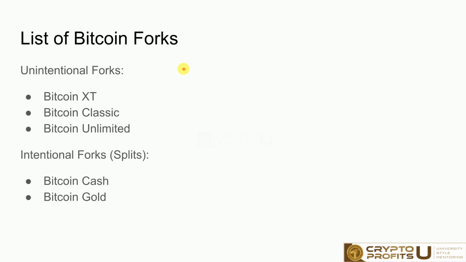So here's a couple of examples of Bitcoin forks in particular. There's the Bitcoin XT, the Bitcoin Classic, the Bitcoin Unlimited. Now these are unintentional forks. These are forks that occurred when an update happened in Bitcoin, and some people upgraded their software and some did not.